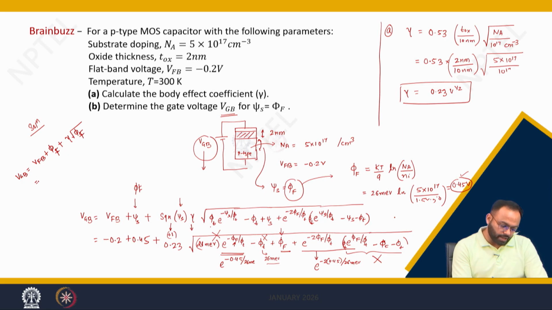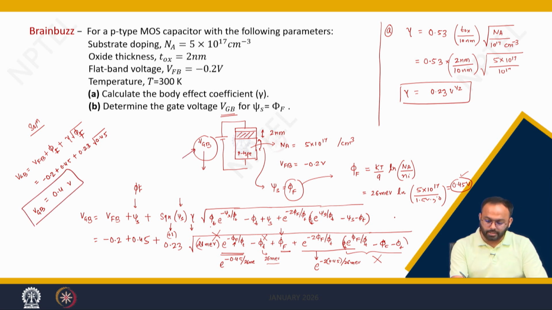When you solve this equation by putting all those values, 0.2 plus 0.45 plus 0.23 into square root of 0.45, you will get approximately 0.4 volts. So, that is the total voltage you need to apply to attain this condition, where the surface potential will be phi f and the flat band voltage will maintain a value of minus 0.2 volts.